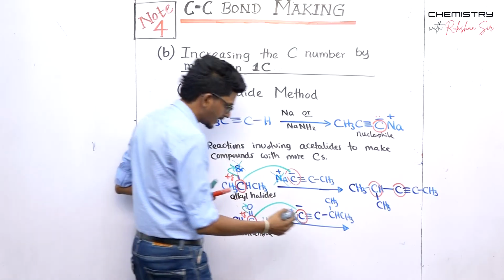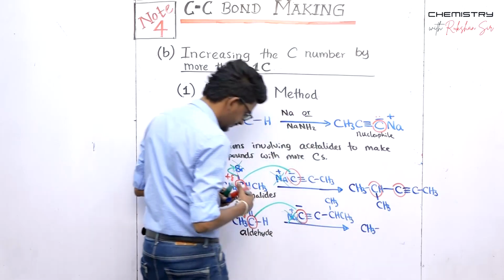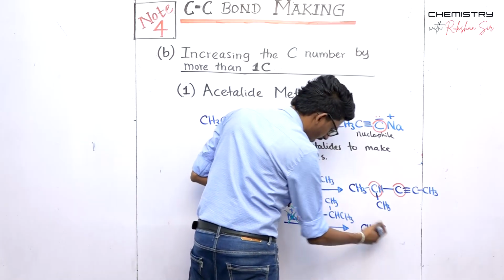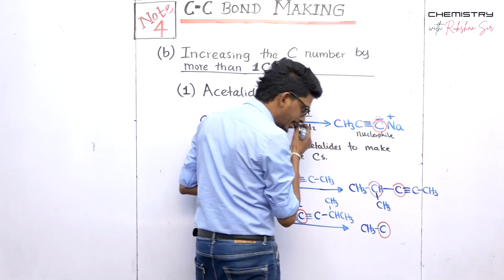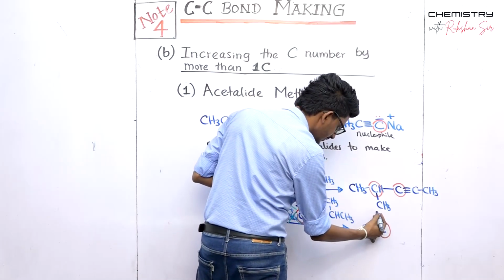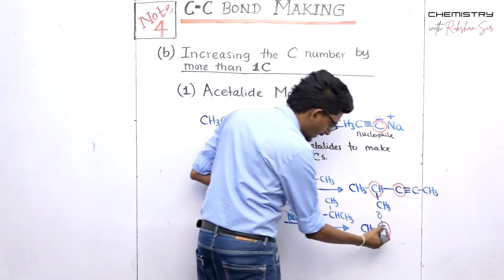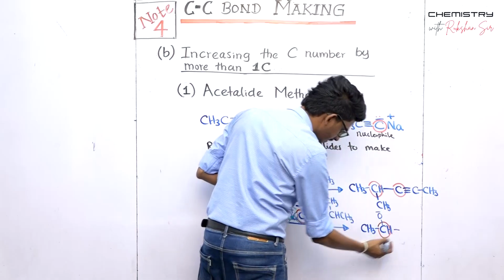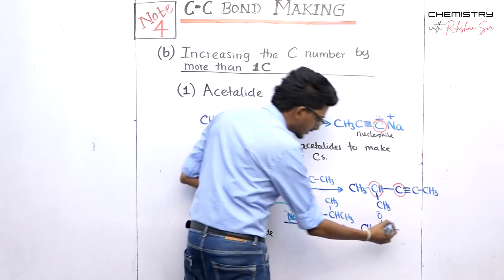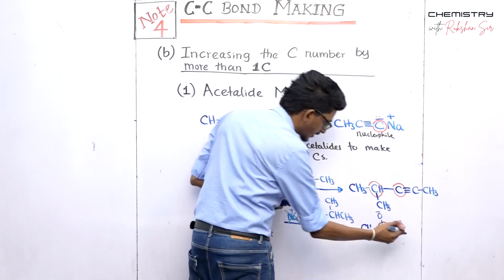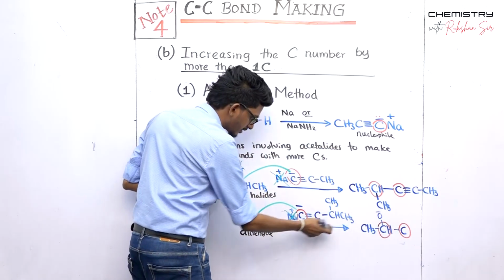So you will end up with this one, CH3. This is your carbon, which will come up as O minus ultimately because of this electron movement, and that carbon has a hydrogen, and this carbon will be connected to that, with a triple bond and the rest.